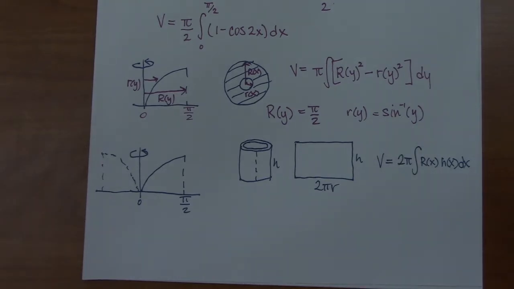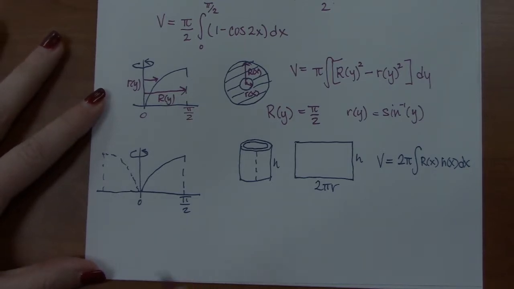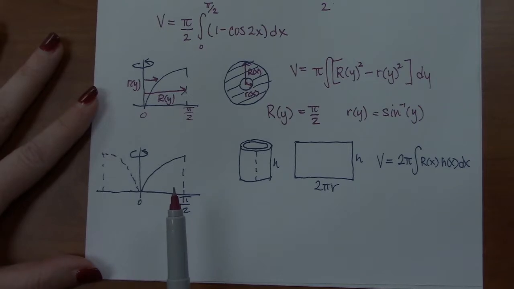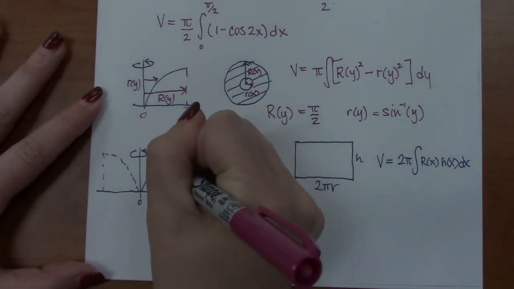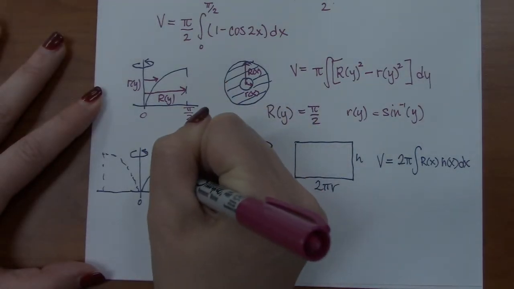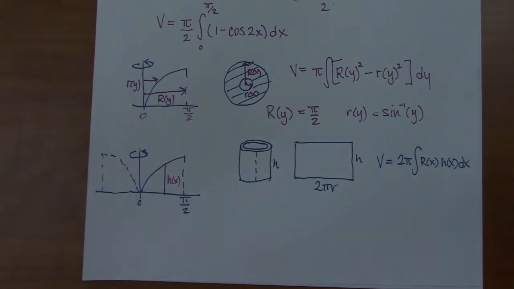But the way this works in shells, the way you draw your picture, is the heights are parallel to the axis of rotation, and the radius is still perpendicular to the axis of rotation. So you pick any arbitrary point on the region, and there's your height for that particular shell.